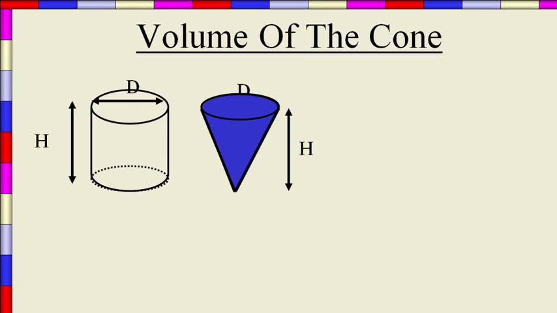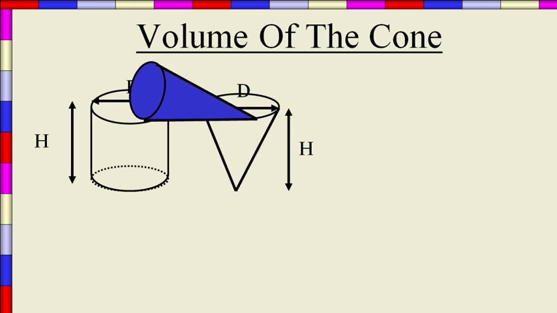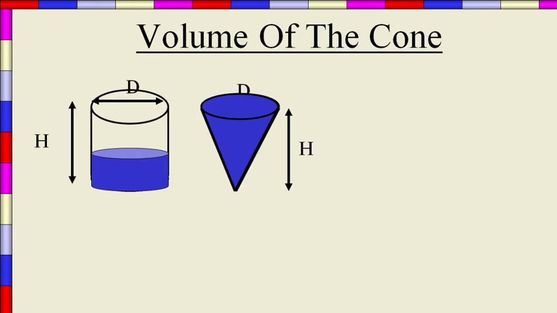So if I fill this cone with any fluid or any substance, and pour this substance or fluid in my cylinder, I need to repeat this process 3 times to completely fill this cylinder, and that is the exact relationship between cylinder and cone.